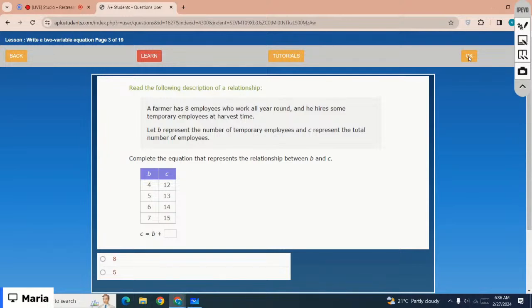The correct option is you have to add 8, C equals B plus 8. The correct option is 8, right?